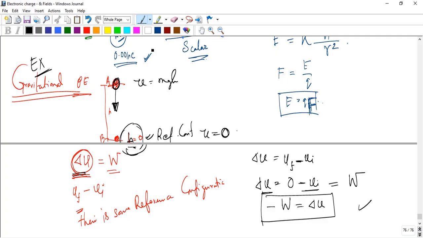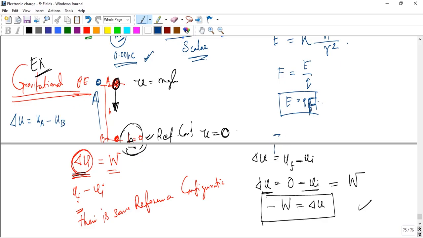Suppose a ball goes against the gravitational force from down to top. So the change in energy, delta U, is equal to final energy minus initial energy. Suppose the energy at the bottom is UA and at the height it is UB.